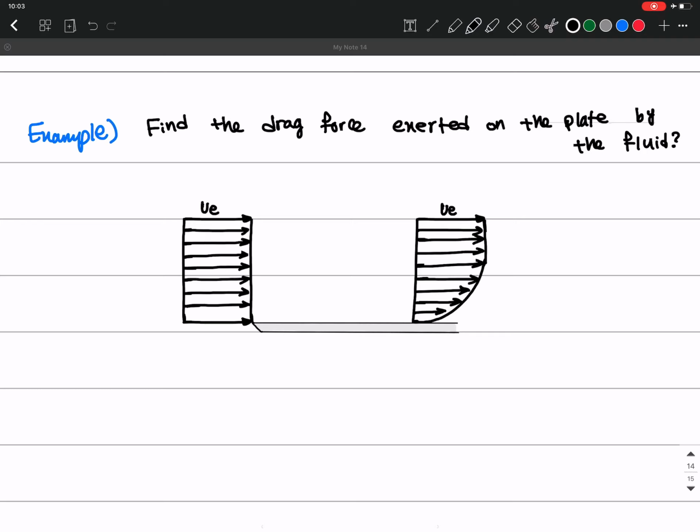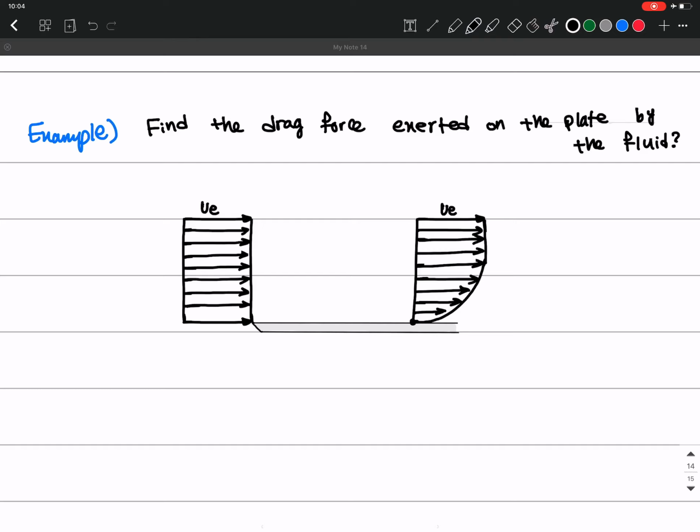So here we have, say, this plate, and then we have, it could be wind or it could be water, anything that is going over that, and then it exerts some drag force on the fluid and brings the velocity at the surface to zero, right?